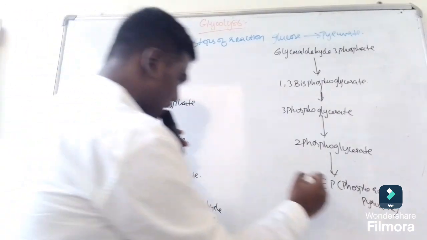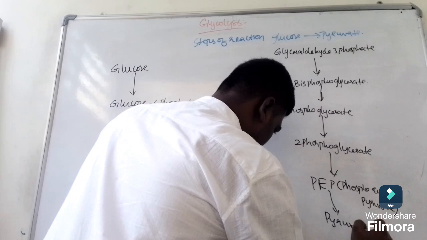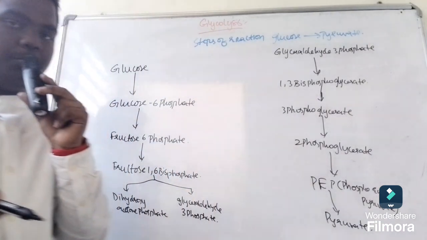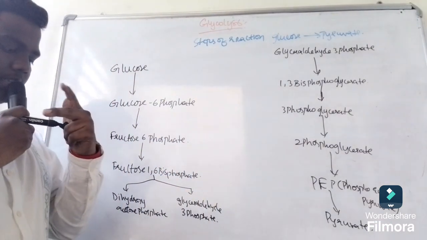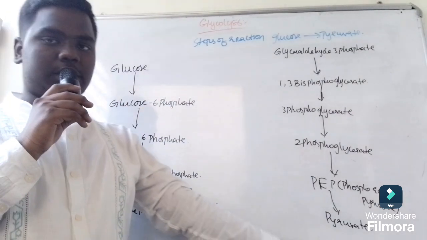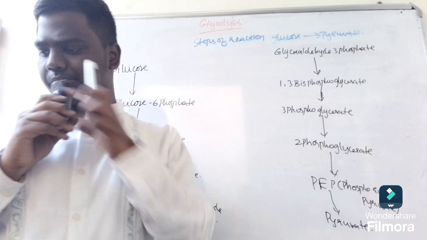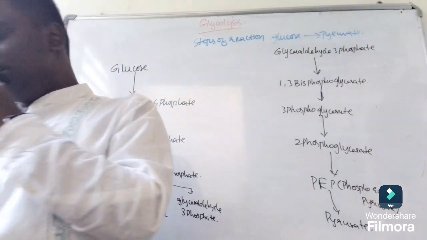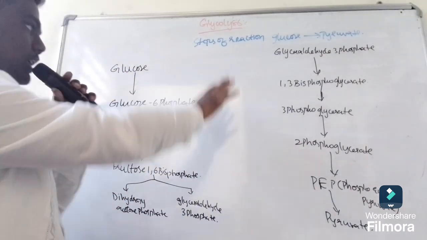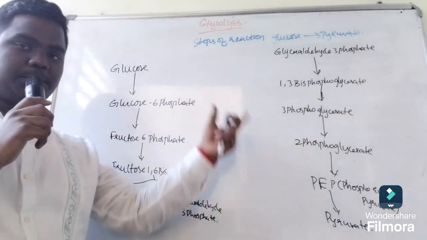And then from here, your final product, that is pyruvate, is obtained. So it is starting from glucose and the end product you are getting is pyruvate. This is the reaction, and you have to remember all these steps in the same sequence.